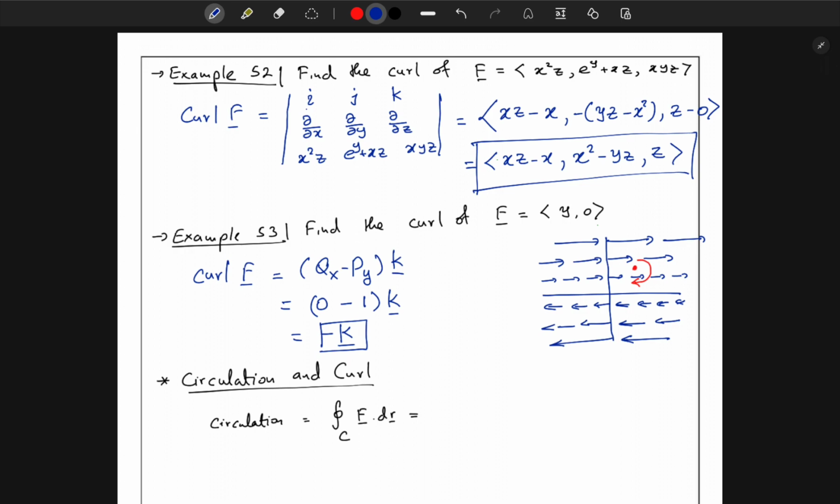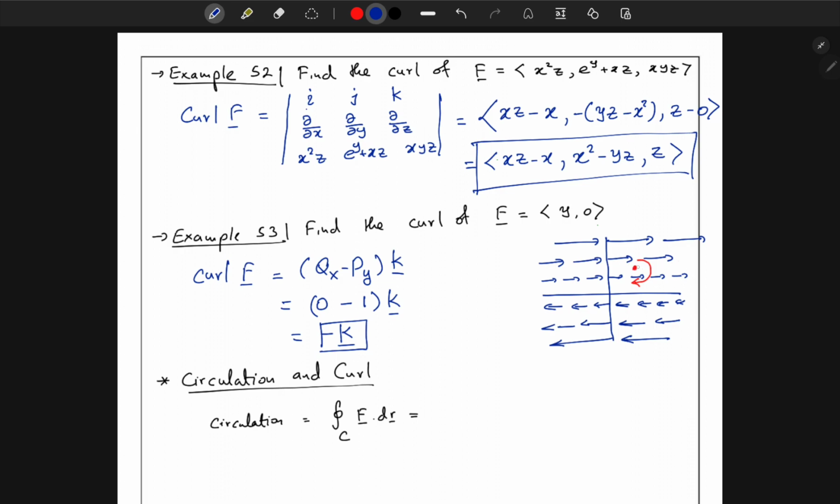Now another way to think is, let's say this is a river and the arrow shows how the fluid is flowing. If you put a particle in the place of this red dot, what will happen? How much rotation will be there? So think you are placing a leaf in the red color dot, then it will definitely go towards right because all the arrows are pointing right.